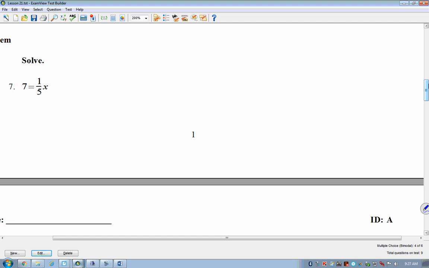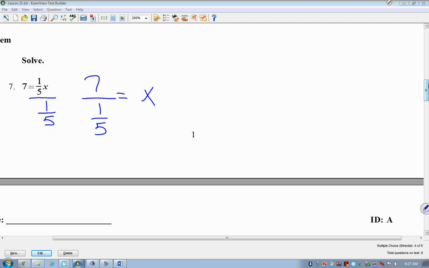Okay. So you guys have had some time to think about this. What am I going to do? Divide by 1/5, because there's multiplication happening there. So I'm taking 7 divided by 1/5 equals x. Here's a problem. Can I divide by a fraction? No, but what can I do?